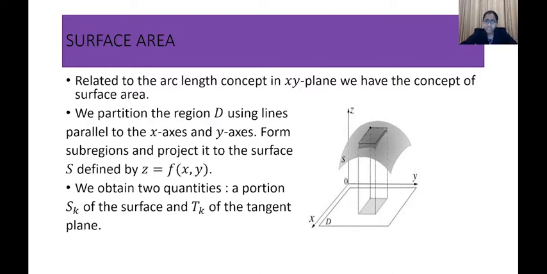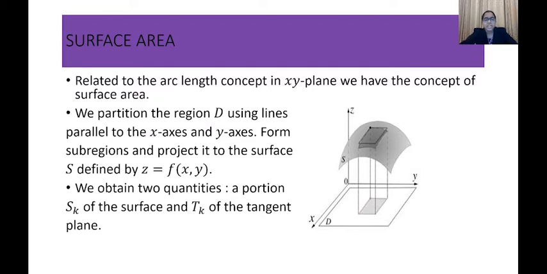Okay, and we will take a portion, say dk or something, and we will project it to the surface. Okay, I hope the concept is clear. We are partitioning this into many sub-regions, and we will take any particular sub-region and project it to the surface.